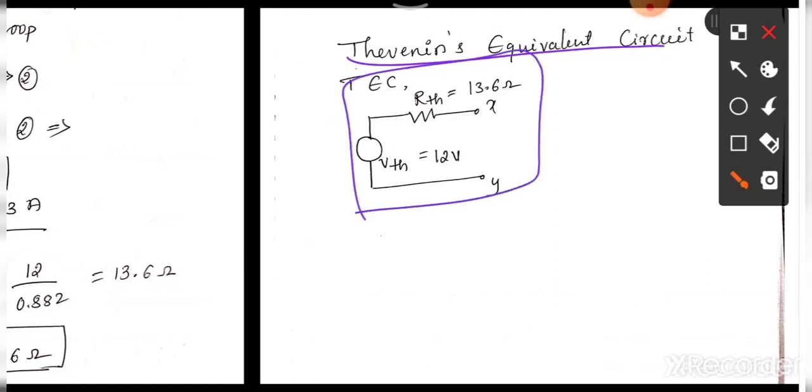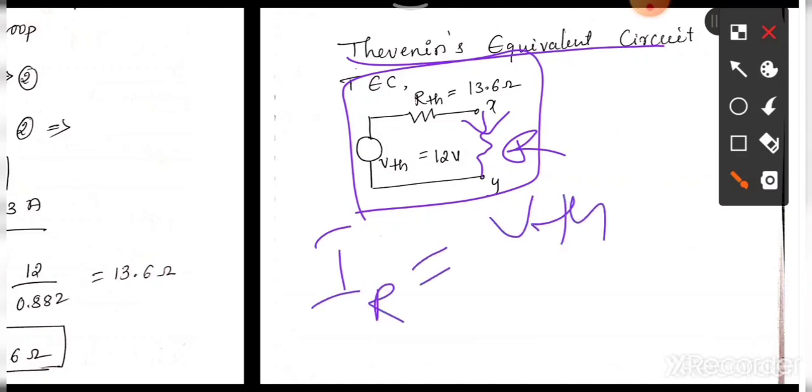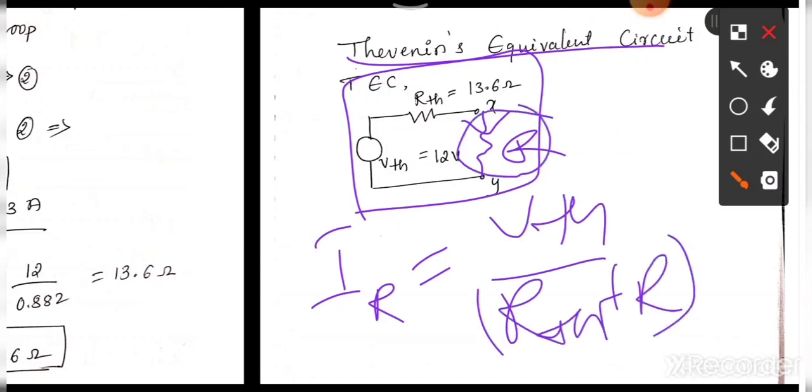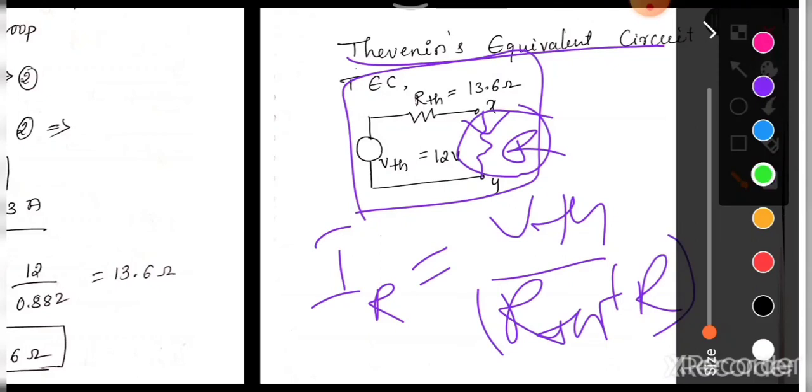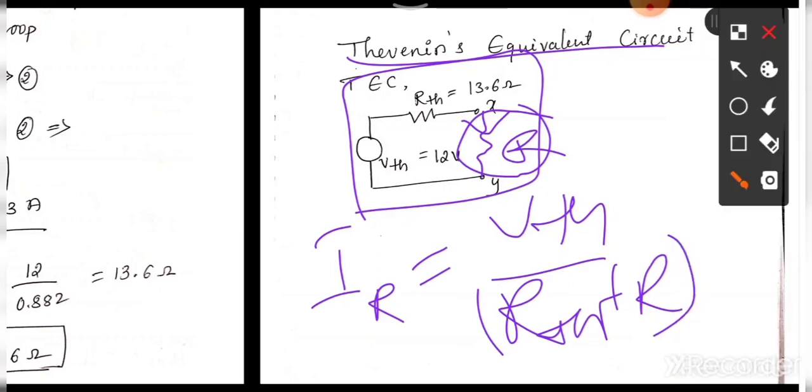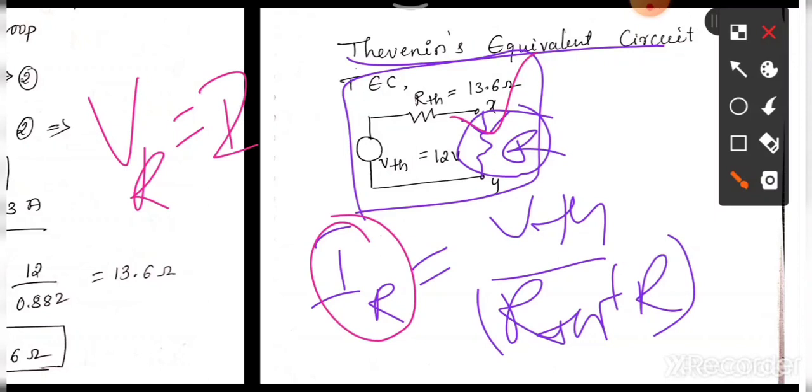If we have any resistance between those two terminals, say R, and we are asked to calculate the current flowing through it, the current will be equal to VTH divided by RTH plus R. And if they ask for the voltage across this resistance, VR equals the current flowing through it, because these two resistances are in series, so the current remains the same, times this resistance.